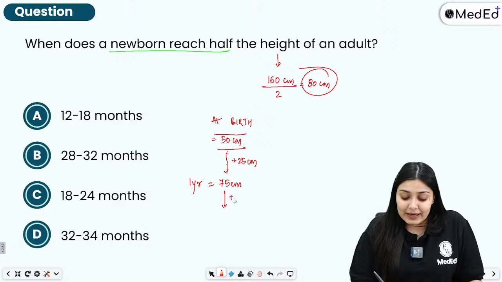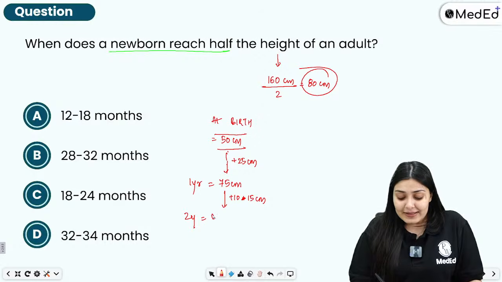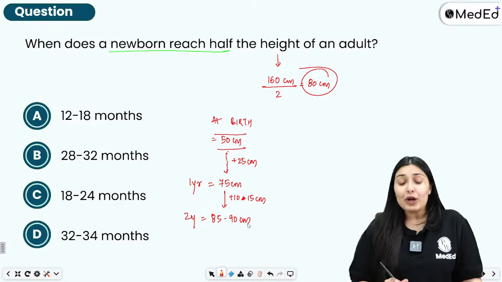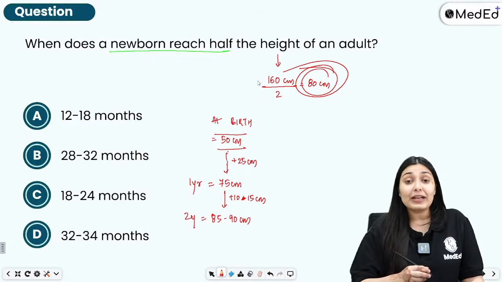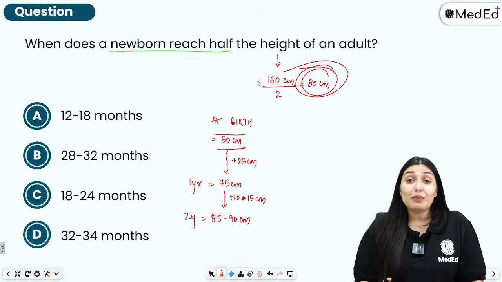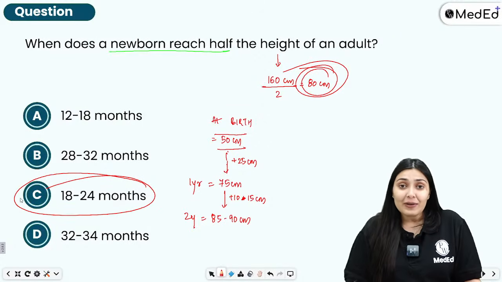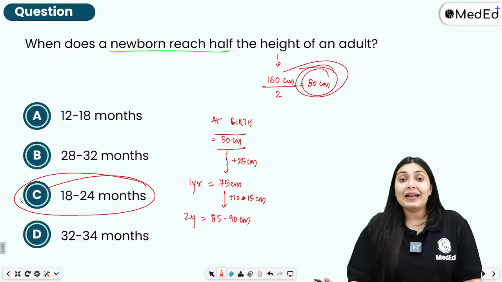Subsequently, there is a gain of 10 to 15 centimeters over the next year, so by the end of 2 years the child would be around 85 to 90 centimeters. They are asking around 80 centimeters, so it will be close to the second year of life. The most appropriate answer here would be 18 to 24 months. This is again a very frequently asked question.